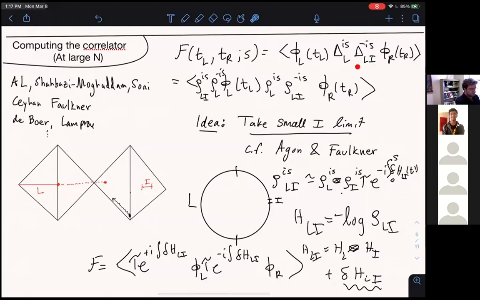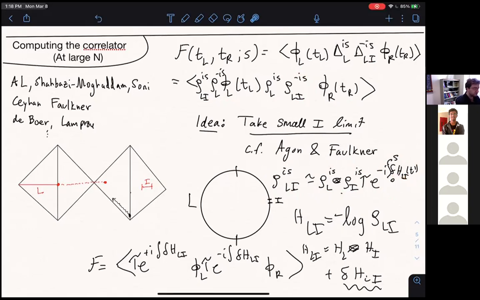So in terms of reduced density matrices for the vacuum, I can rewrite these full modular evolution operators in terms of reduced density matrices, and I'm left with this correlation function. What I'd like to do is compute this in the small I limit. In the small I limit, it just factorizes, because there's not enough entanglement between I and L. But the leading correction looks like some operator which takes the form e to the minus I, the change in the modular Hamiltonian.